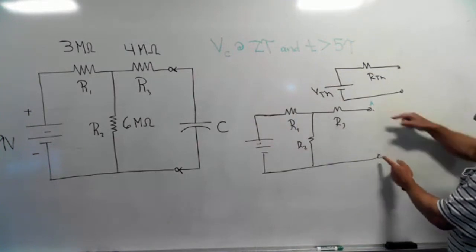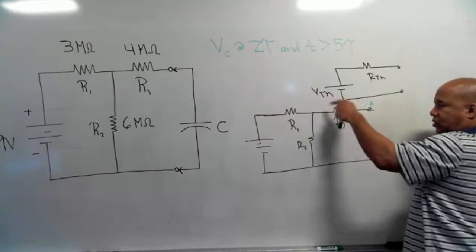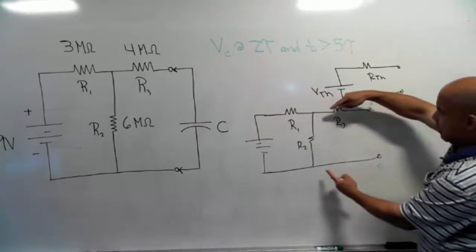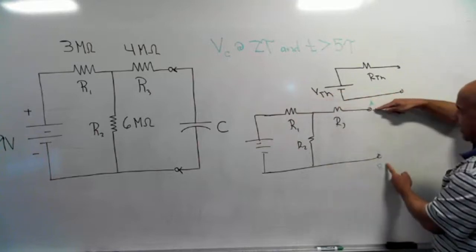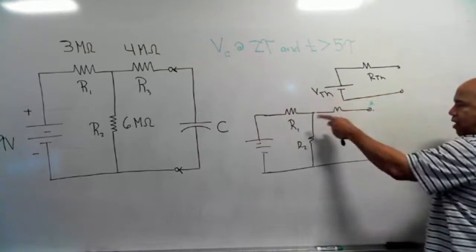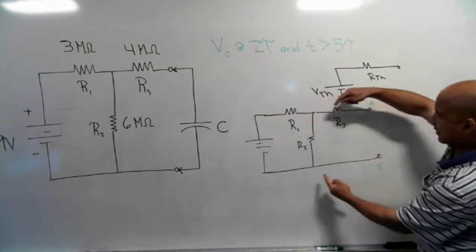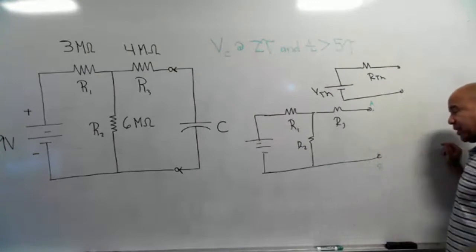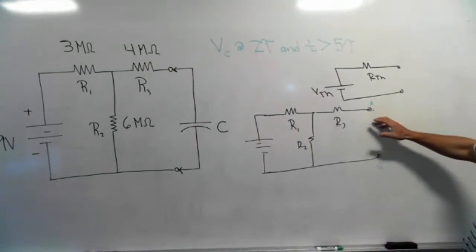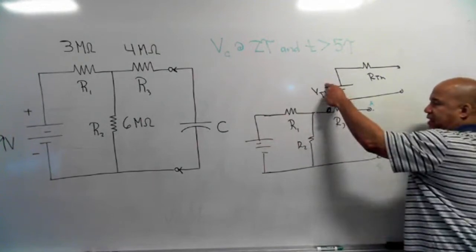What we said was, if there's a resistor hanging there with no current going through it, there's no voltage drop across the resistor, so whatever voltage you have here, you would have here. So the voltage between A and B is the same as the voltage drop across R2, because there's no current going through R3 to drop the voltage. So connecting here is exactly like connecting there. We mentioned this in class a couple times. So you would just find the voltage drop across R2, and that would be VTH.